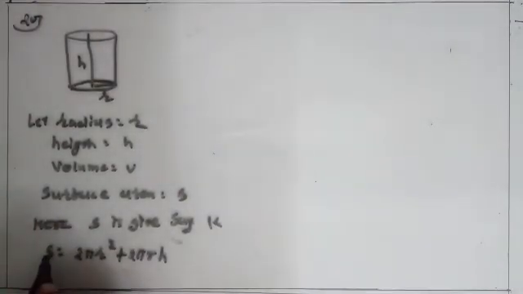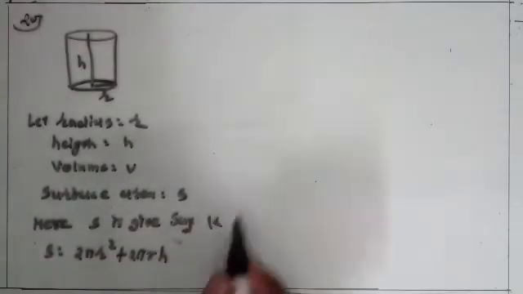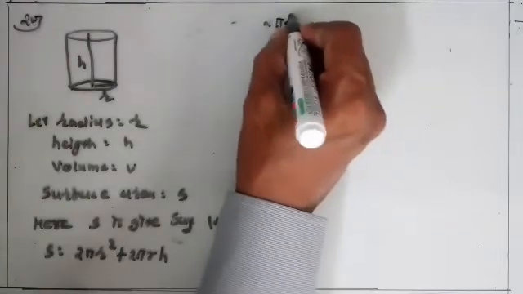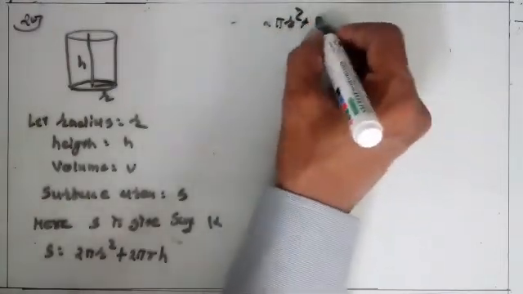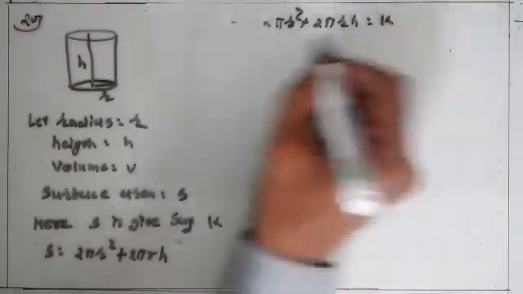Now surface area S is equal to 2 pi r square plus 2 pi r into h. Here surface area is already given. So 2 pi r square plus 2 pi r h is equal to k.